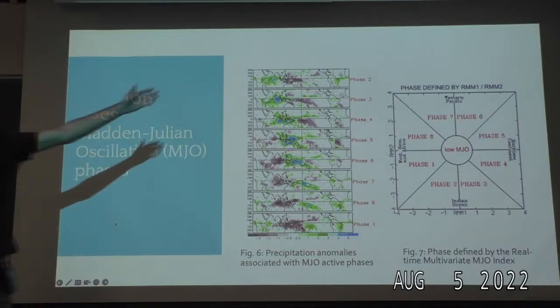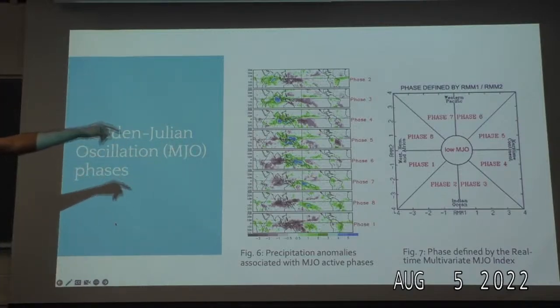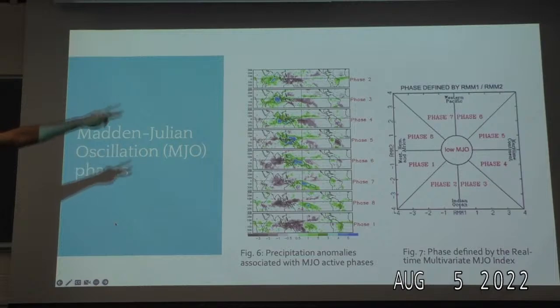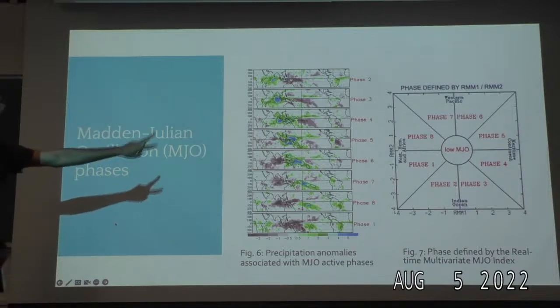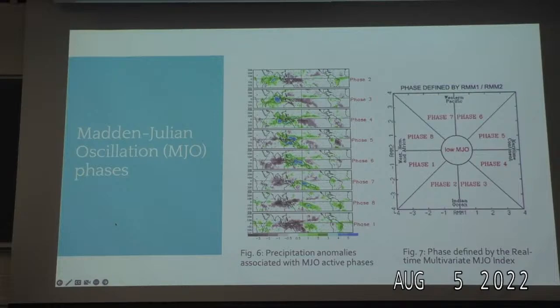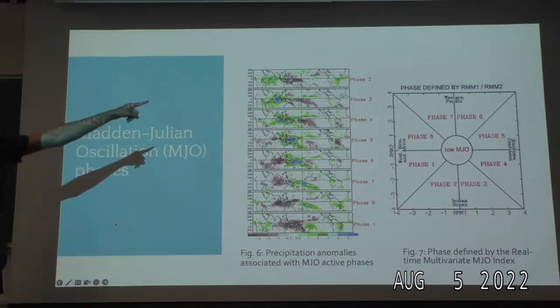And for the others, we determined them with two variables, the RMM 1 and 2, the real-time multivariate MJO, and both of them represent the cloud amount and the upper-level winds and lower-level winds intensity. So here we search for the amplitude.